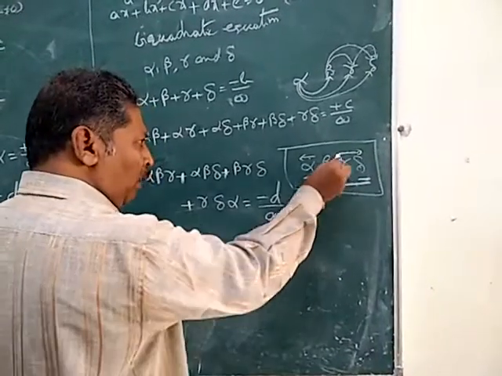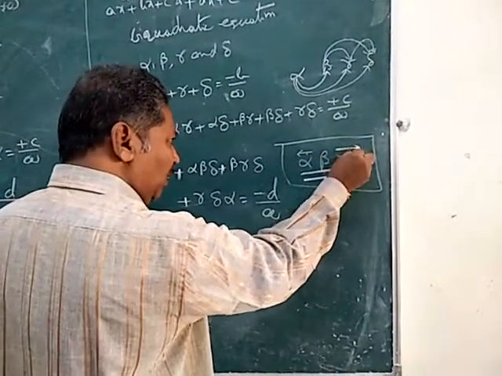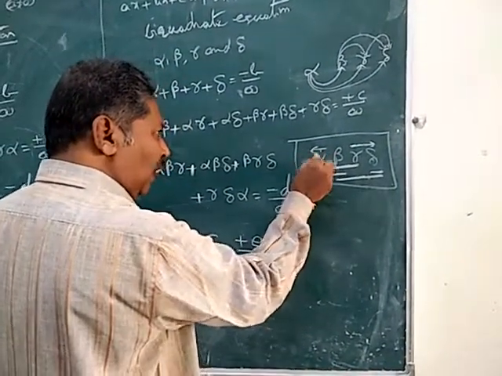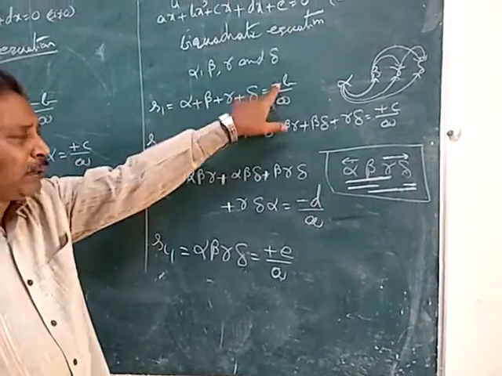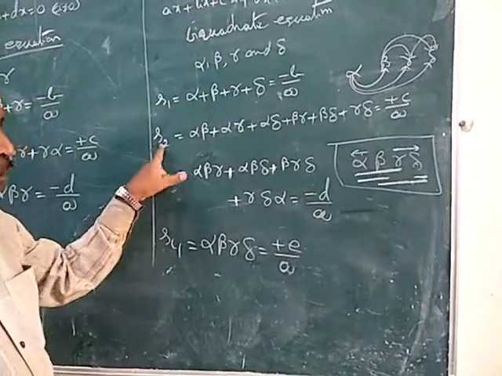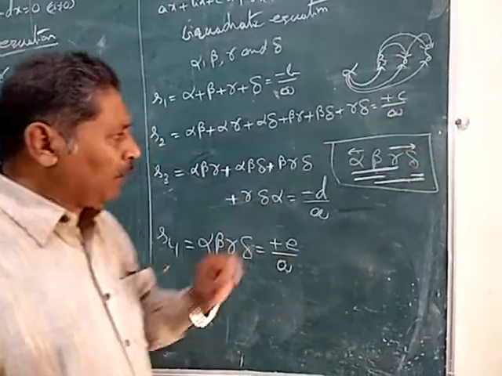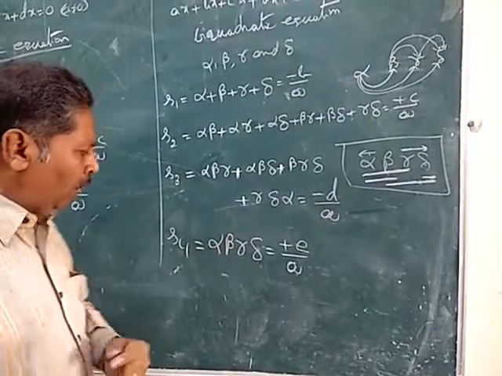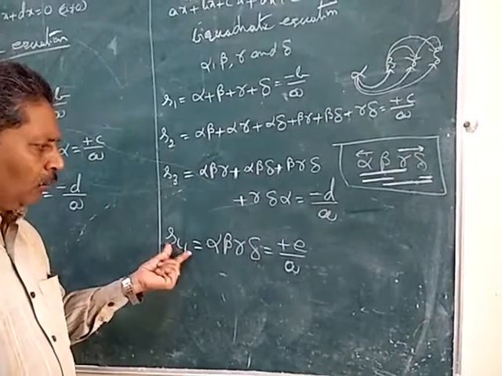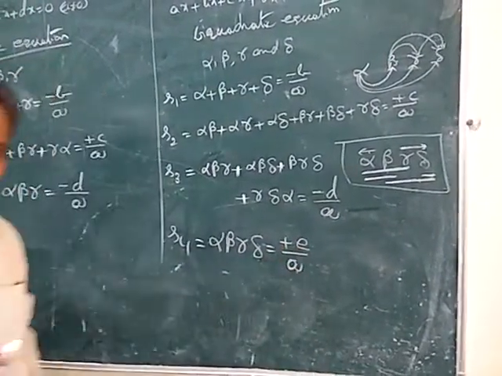Start with gamma: gamma, delta and alpha. So S1 value is minus b by a, S2 value plus c by a, S3 value minus d by a, S4 value plus e by a.